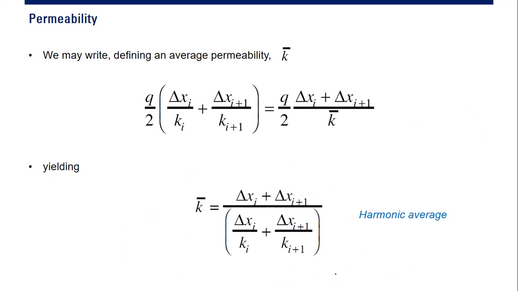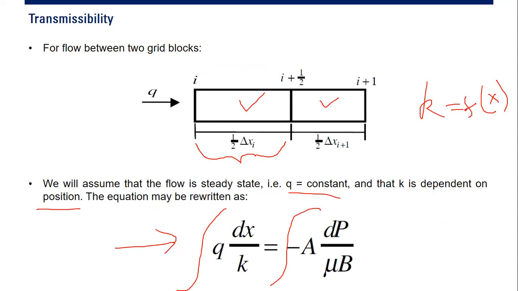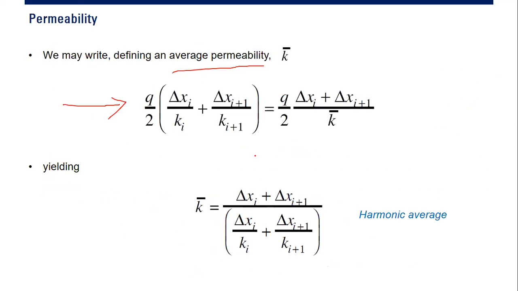Then we may define the average permeability K bar and rewrite like this one. Q per 2 times delta x_i per k_i plus delta x_(i+1) per k_(i+1).